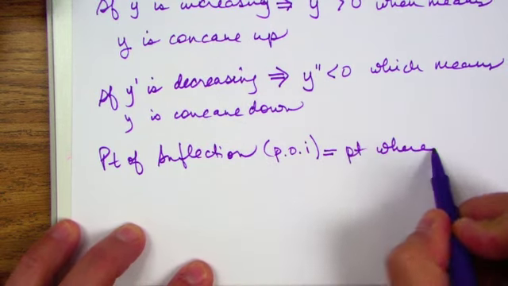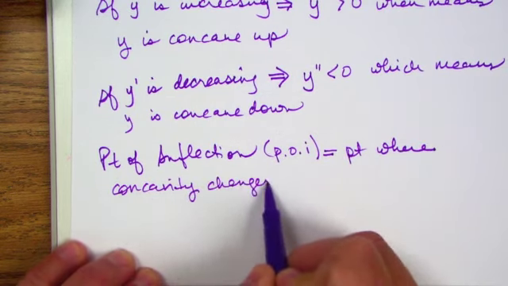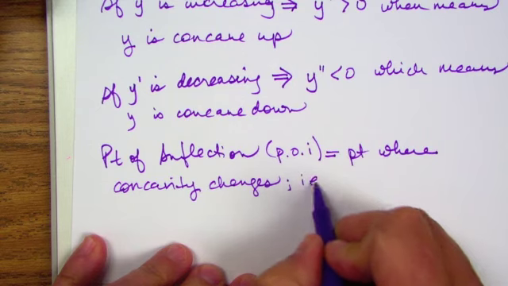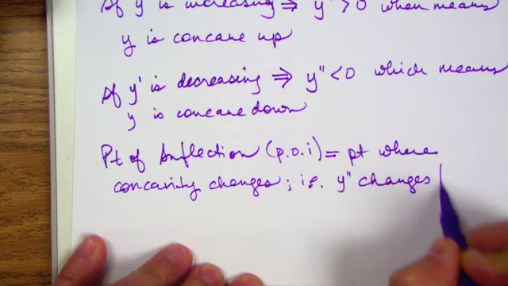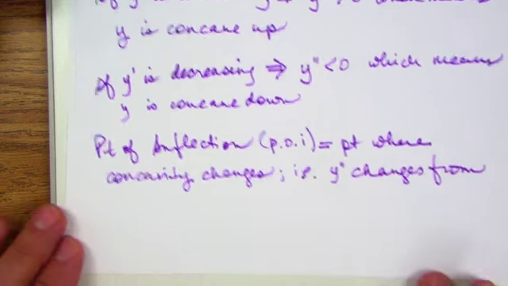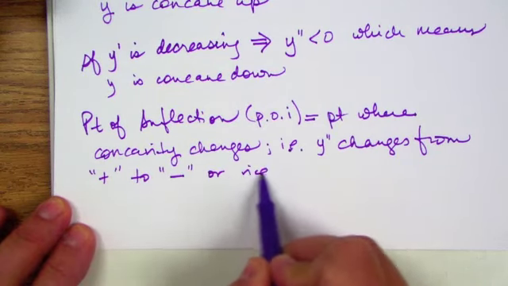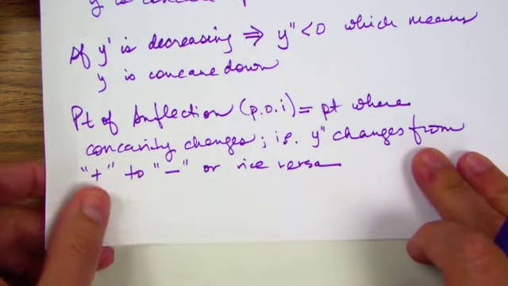It is a point where concavity changes, i.e., y double prime changes from positive to negative or vice versa, right? That makes sense to everybody? Okay.